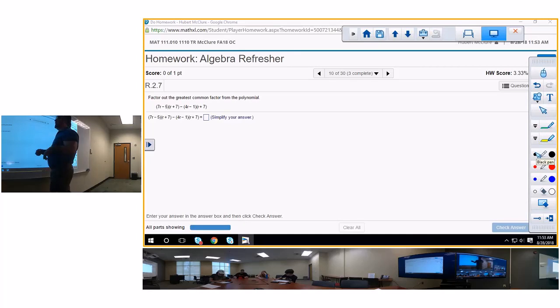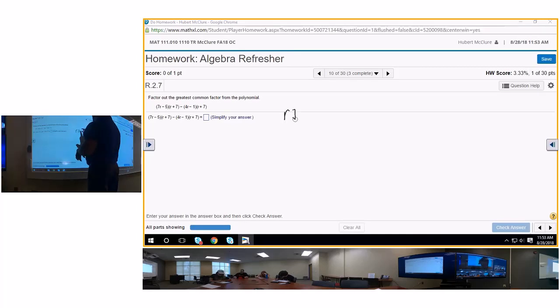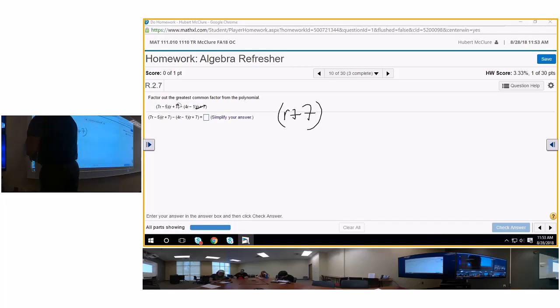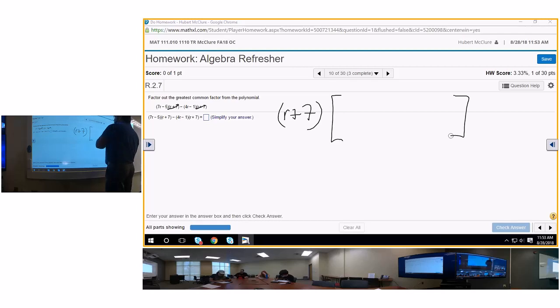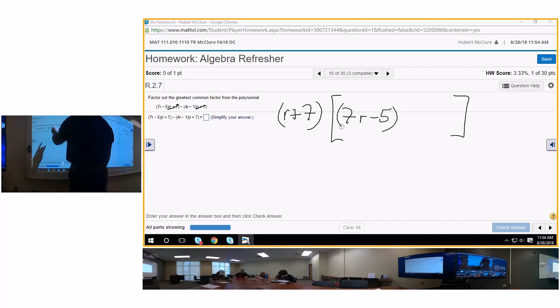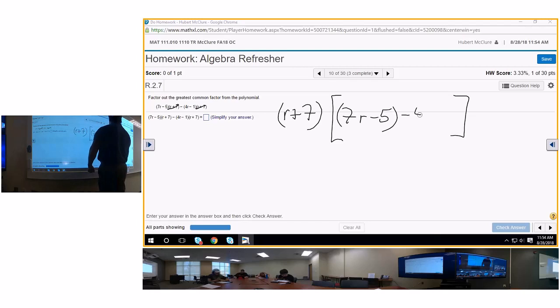You yank it out real quick, you get r plus 7, parentheses, takes that out and takes that out, and then brackets. And what's left when you jerk that tablecloth out? 7r minus 5. Minus 4r minus what?